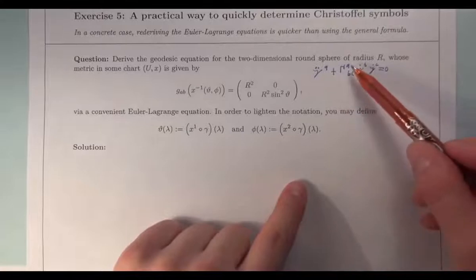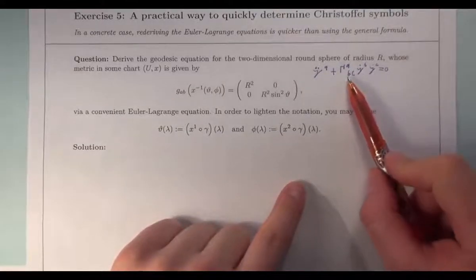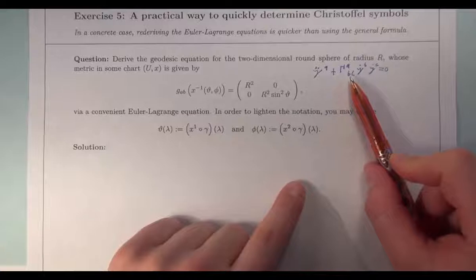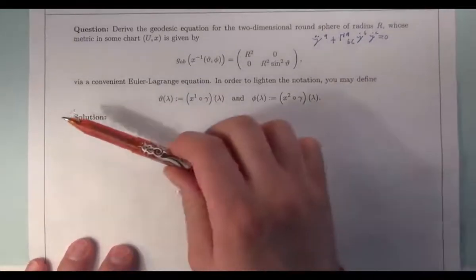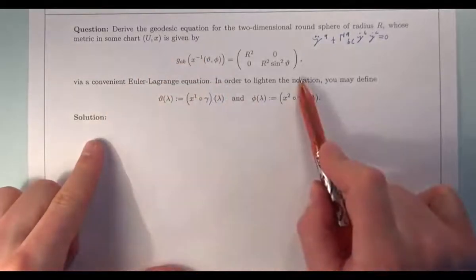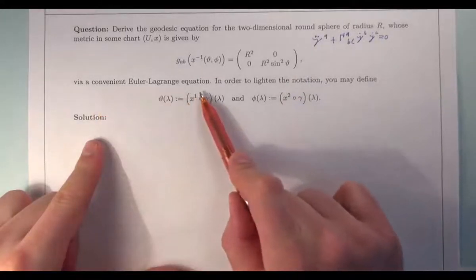I already write here the Gammas, and these are the Gammas of the Levi-Civita connection, since we decided that the geodesics should also be the autoparallels. Okay, we keep reading. The metric is given by this expression, and we should derive all this via a convenient Euler-Lagrange equation.